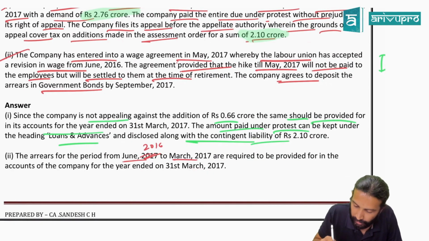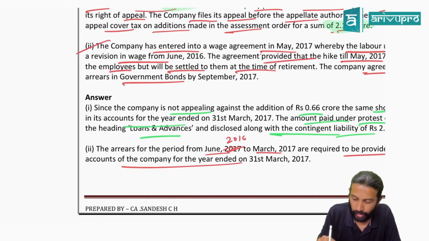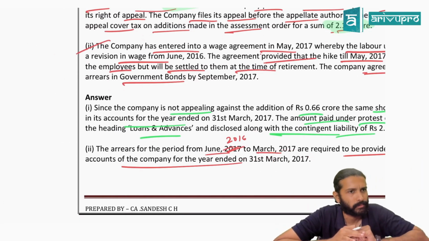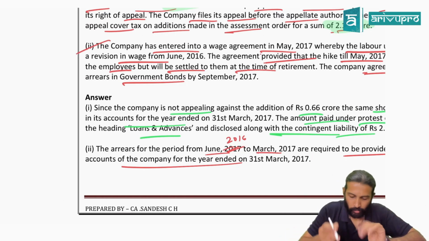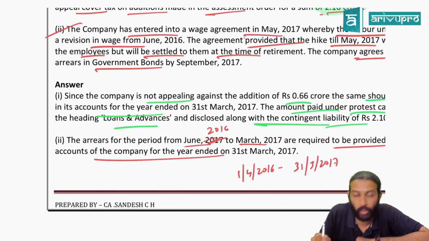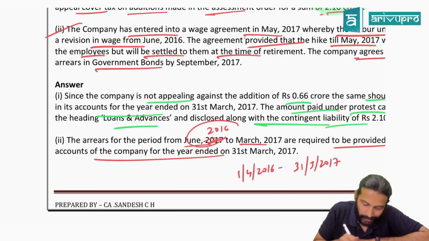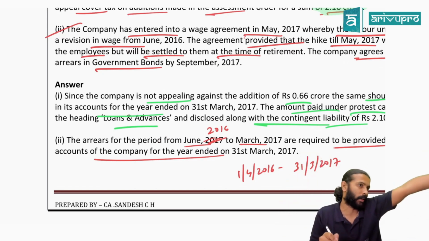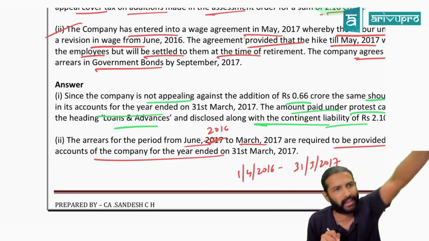No. That needs to be provided for in the accounts of the company. You're providing more wages, isn't it your salary, sir? Your current year is from 1st April 2016 to 31st March 2017. From June 2016 till May 2017, you have revised their wages, meaning you have given a hike.